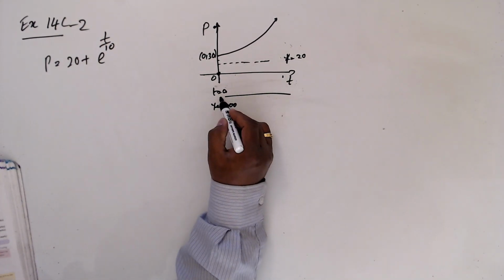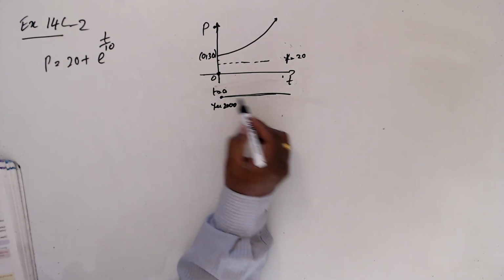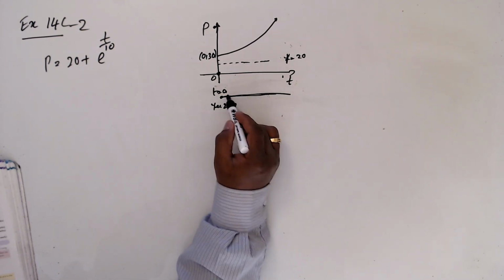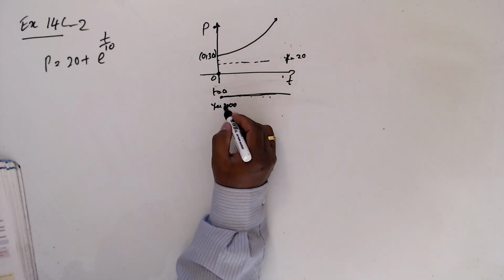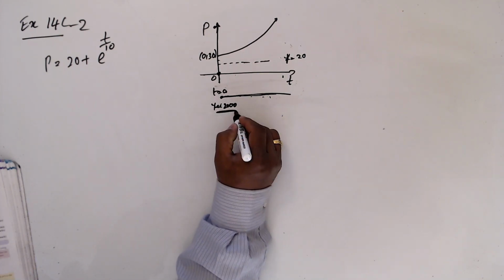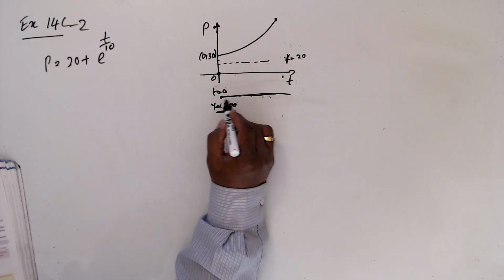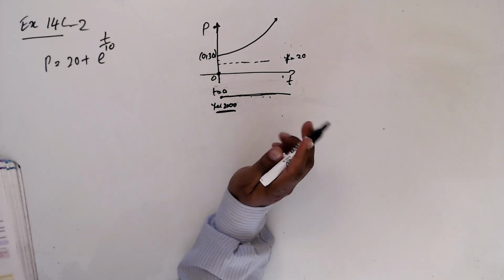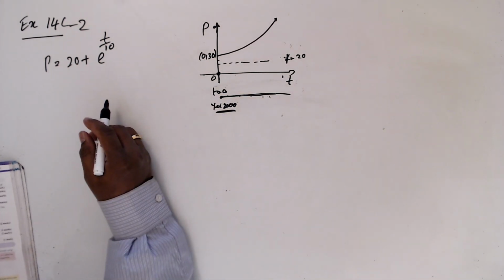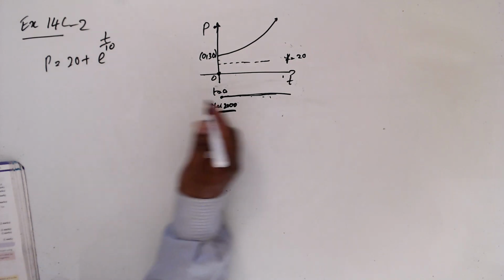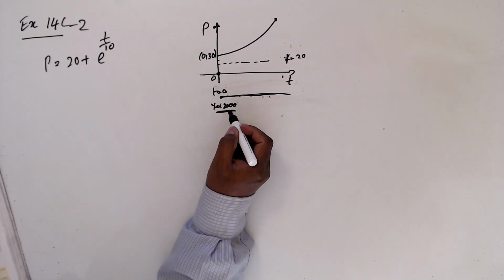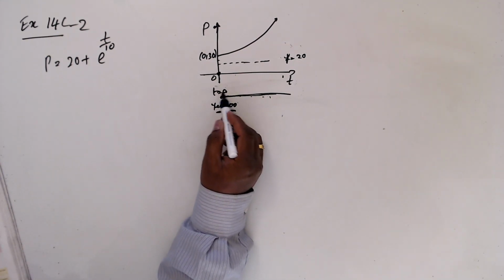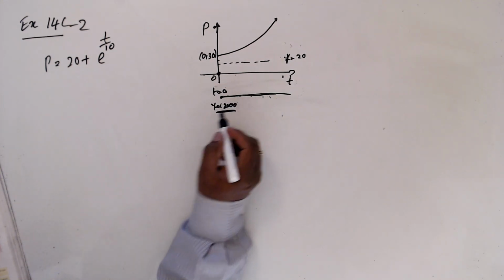So this is the number line meaning T equals 0 and moving numbers. In literature the meaning is here, T equals 0 means year 2000. Okay, what is the first question? State the population in year 2000. So when year 2000, now T equals 0.